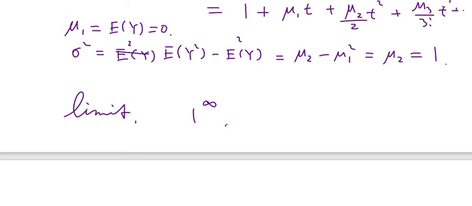For the 1 to the infinity limit, we have this very famous result: 1 plus 1 over n to the n equals e. This is actually where e comes from, this limit. When n goes to infinity, 1 plus 1 over n is just 1, so this is 1 to the infinite power.